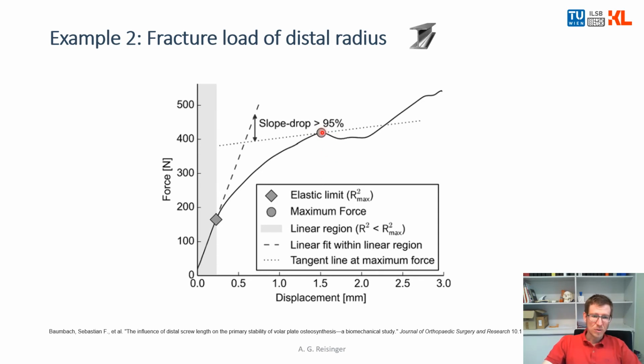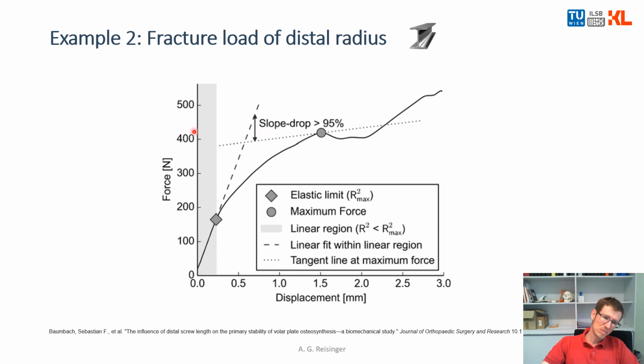And this point was determined by first putting a regression line into the linear region, and then reducing the slope of that line by 95%, moving down with it until you touch the first local maximum. And this point was used. So the local maximum in this shoulder region here was regarded as failure load.